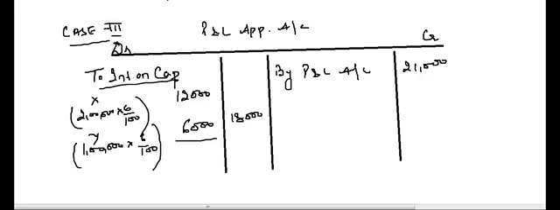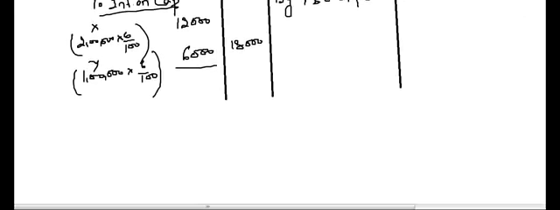So what is the profit left with us? Just 3,000. Profit left is 21,000 minus 18,000.